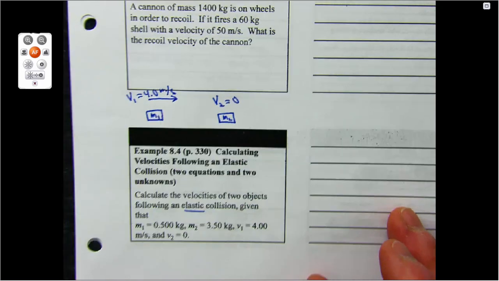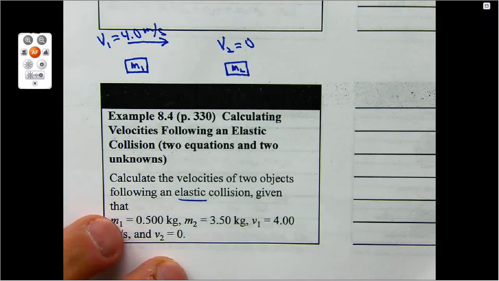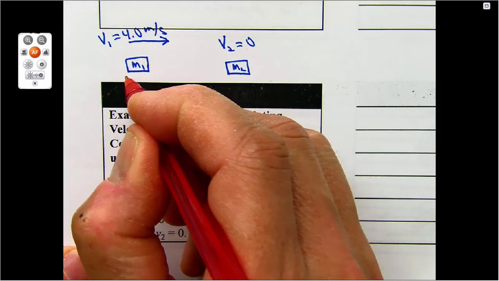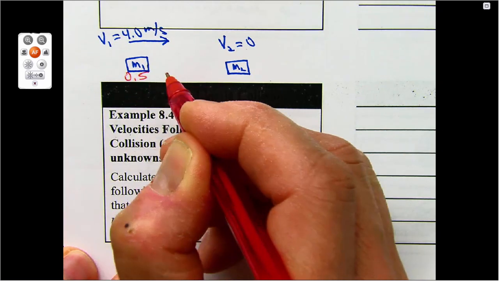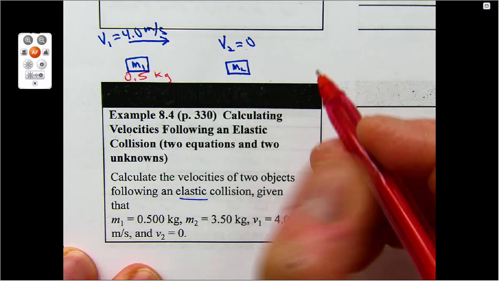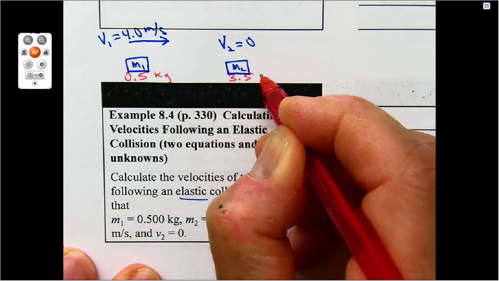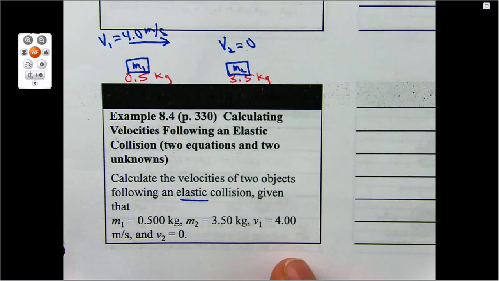V2's at rest. Now, these masses, this is 0.5 kilograms, 3.5 kilograms. This is what it's looking like.